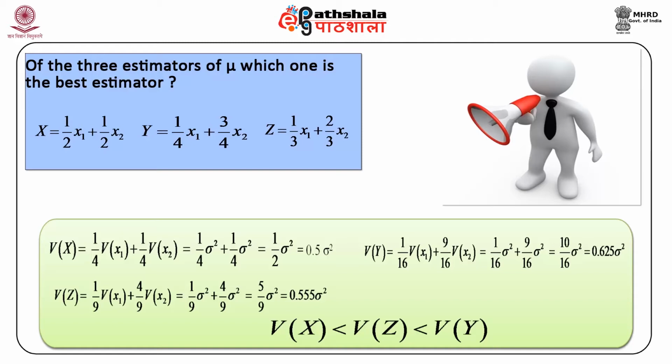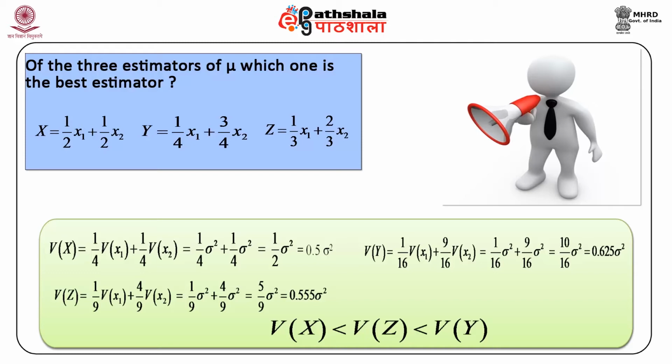Similarly, variance of Y is equal to 1 by 16 variance of X1 plus 9 by 16 variance of X2, which is equal to 1 by 16 sigma square plus 9 by 16 sigma square, and this is equal to 10 by 16 sigma square and is equal to 0.625 sigma square.